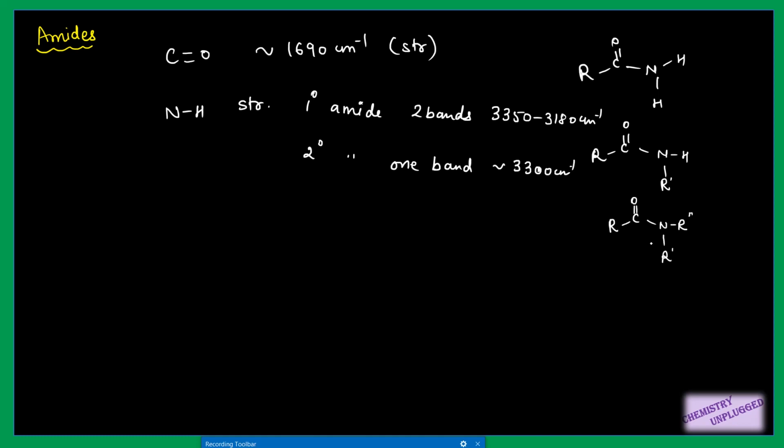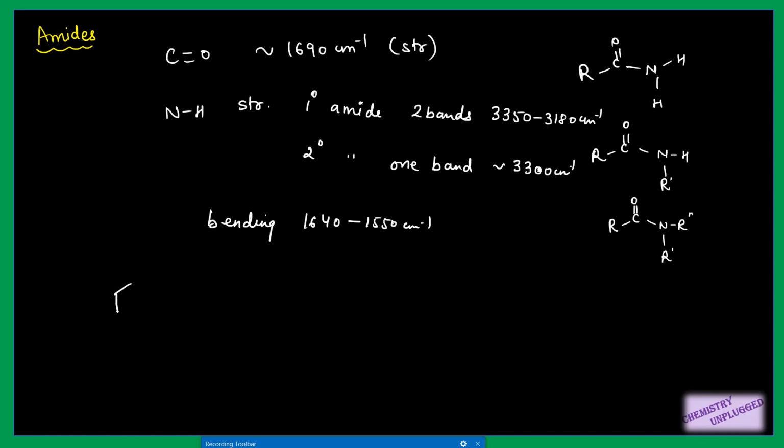And for tertiary amide there will be no NH stretching, right? Then we have one more important peak, that is NH bending, and this bending is close to 1640 to 1550 centimeter inverse.